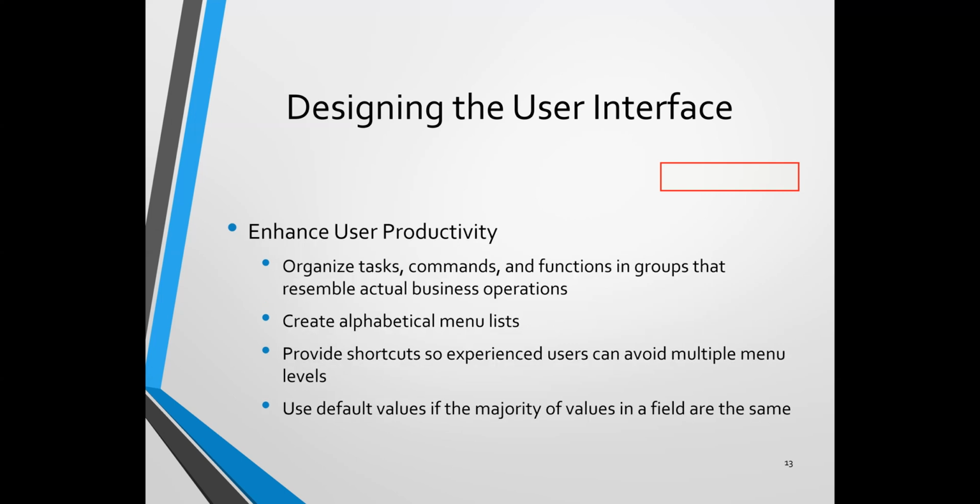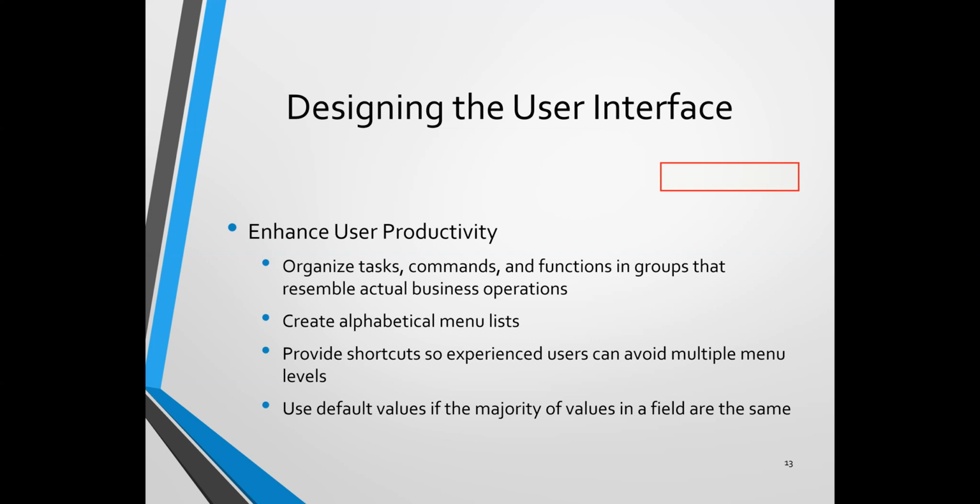The next one: enhance user productivity. For designing the user interface to enhance user productivity, you have to organize tasks, commands, and functions in groups. Why is that? Because we would like to resemble actual business operations.